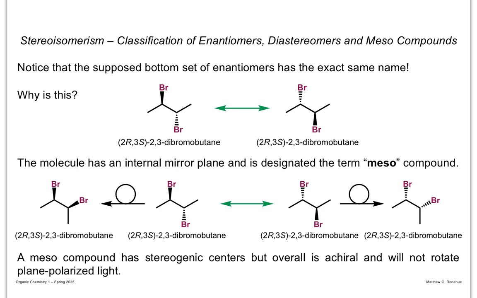Okay, so I'm going to make the red balls the methyl groups. Yellow is hydrogen, blue is bromine. So this center is correct. I need to invert that one.